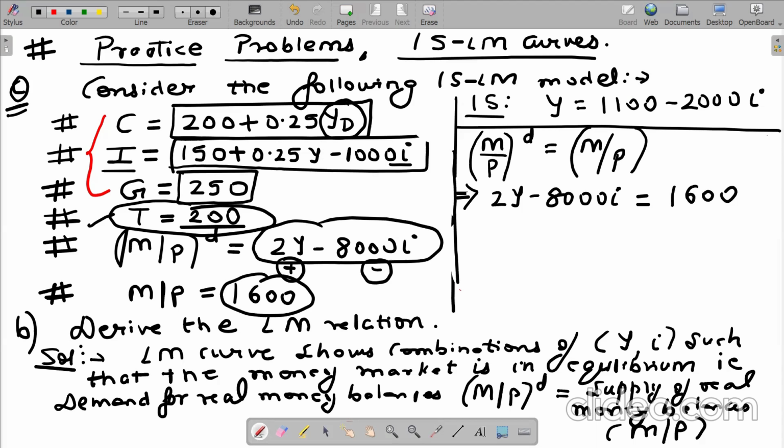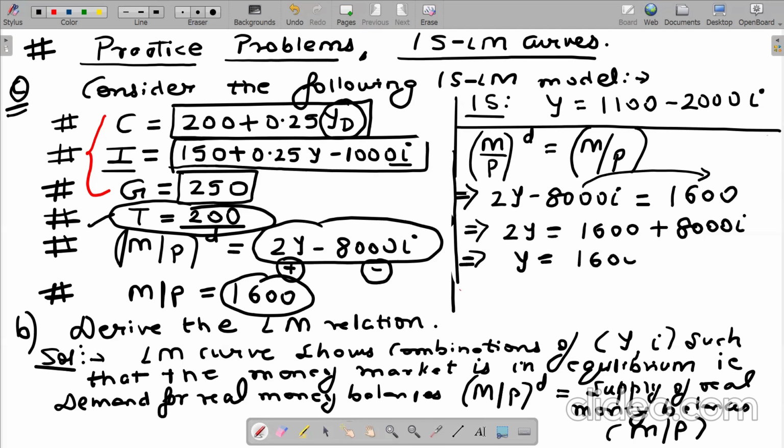So if I solve this further, again, let's solve this for y. So 2y is going to be 1600 plus 8000i. I take minus 8000i to this side. Very simple. And then what will y be? 1600 plus 8000i divided by 2.